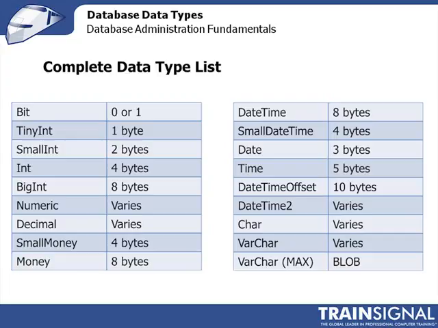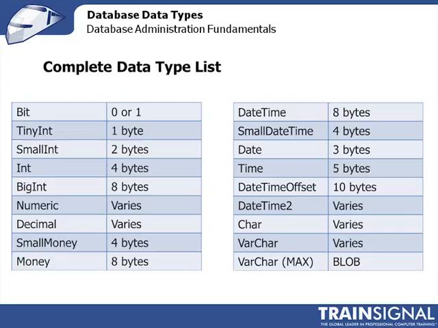TinyInt only takes 1 byte, and that stores very, very small integers, basically in the range of 0 to 255, so very small numbers. Small int is 2 bytes, so it can store a larger number. You've also got int and big int, which take 4 and 8 bytes respectively, and can therefore store increasingly larger numeric values.